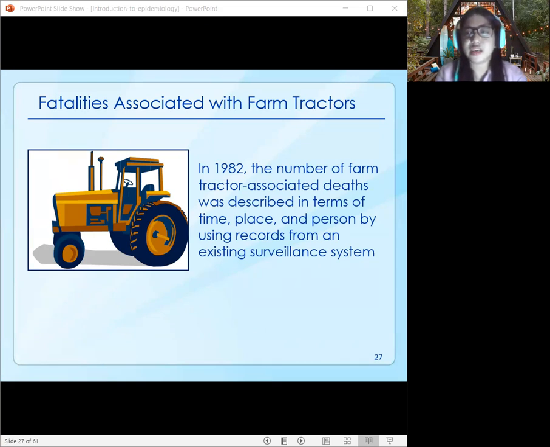And then, of course, he identified and described some of the characteristics of the involved cases, which were associated with the farm tractor incidents. After collecting the data, he used the information to describe the problem in terms of, as we have mentioned, time, place, and person, and then generated hypotheses for further study.